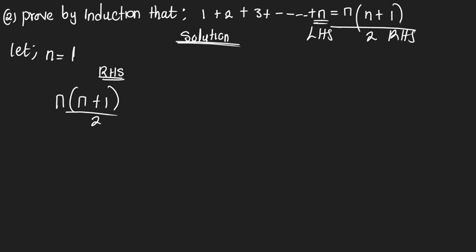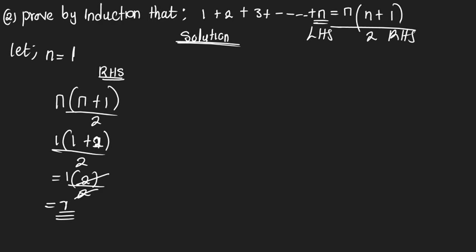While there is n, I'm going to replace it with 1, and plus 1 there, so this is 1 times (1 plus 1) over 2. So this and that will cancel. We're going to remain with a 1 here.